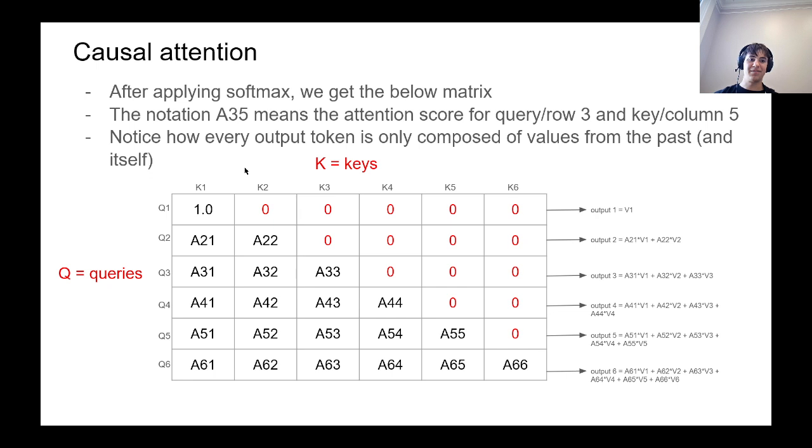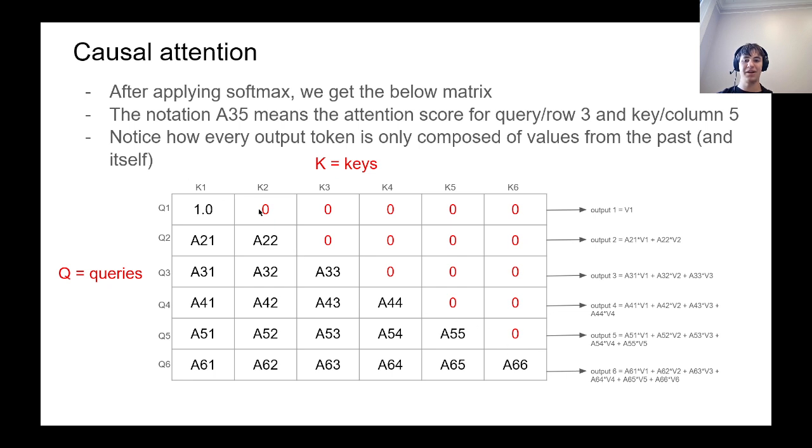Once you apply softmax, you get a value of 1 here, a special case for the first one, and for the rest you get these attention values, which are only up to the current token.